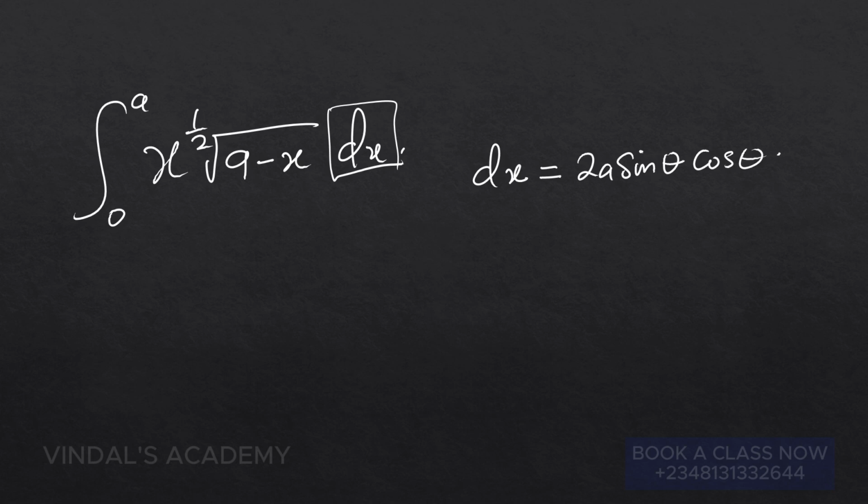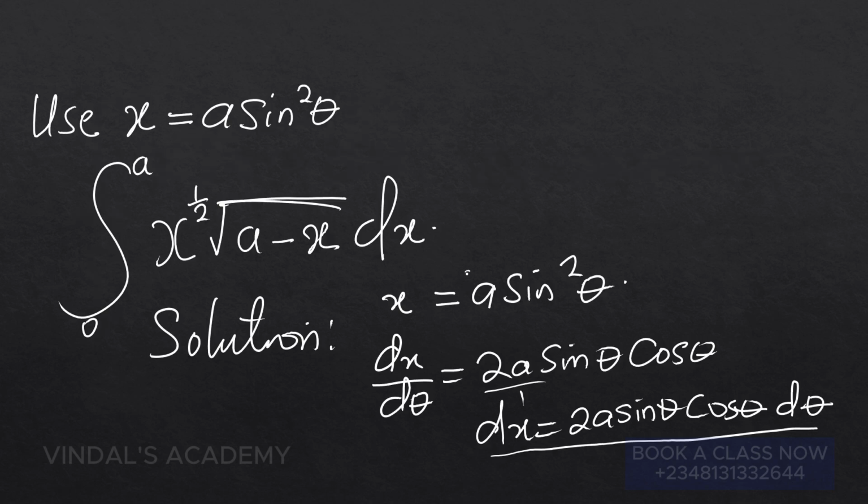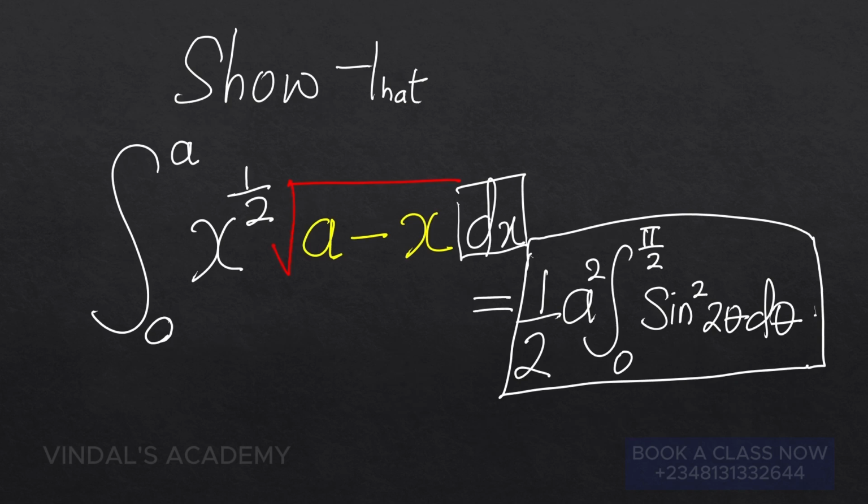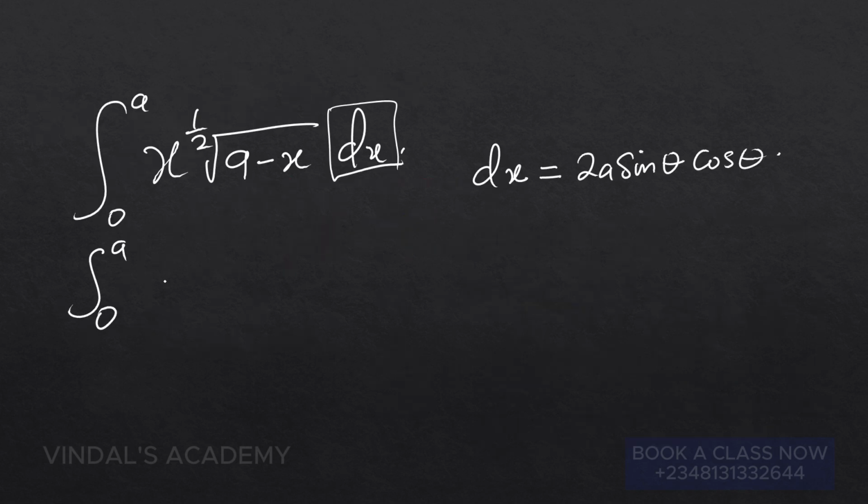Now let's work. It's very interesting. All right. So I have a to 0. In place of x, remember, x is already given to us as a sine squared theta. So anywhere I see x, I'll put a sine squared theta.